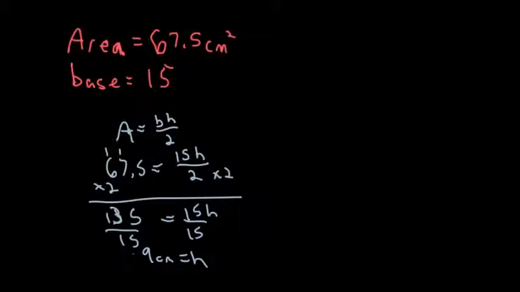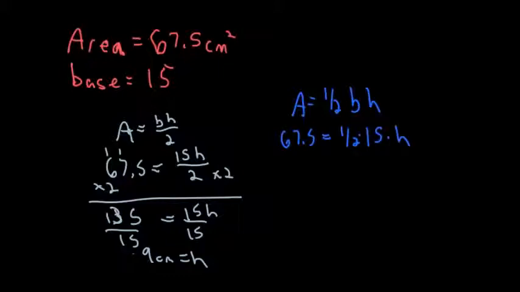Alright, so if we did the other formula, let's see that. So area equals 1/2 base times height. So here, my area is 67 5/10, which equals 1/2 times 15 times h. So half of 15 would be 7 5/10. So I get 67 5/10 equals 7 5/10 times h. So I'm going to divide by 7 5/10.